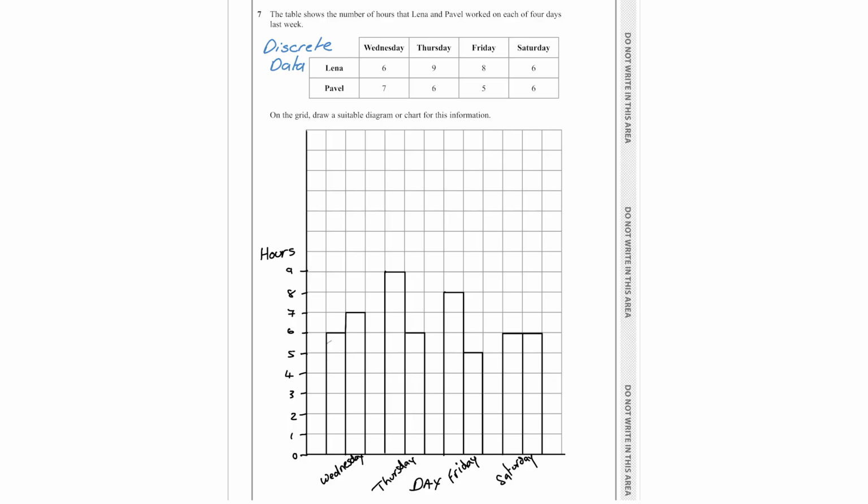What's it? I would do this. I would do diagonal lines for one of them. We know this is Lena, isn't it? It could be dots. And then you'll make a note with your key, Lena, and then Pavel. So that should get you 4 marks.